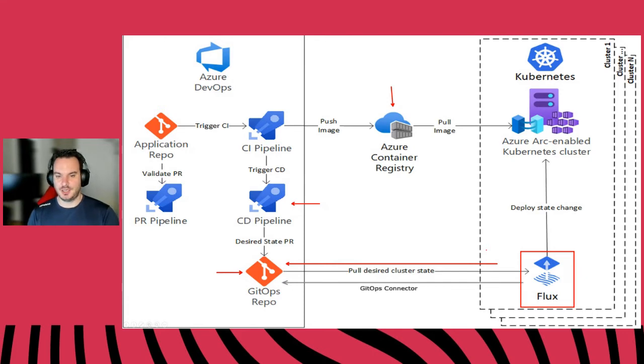And since you just committed something new, the Flux agent downloads these changes and then applies them to the Kubernetes cluster. With this approach, we implemented a fully automated deployment process without having any access to the Kubernetes cluster, because the cluster is pulling the changes and we don't have to push them.